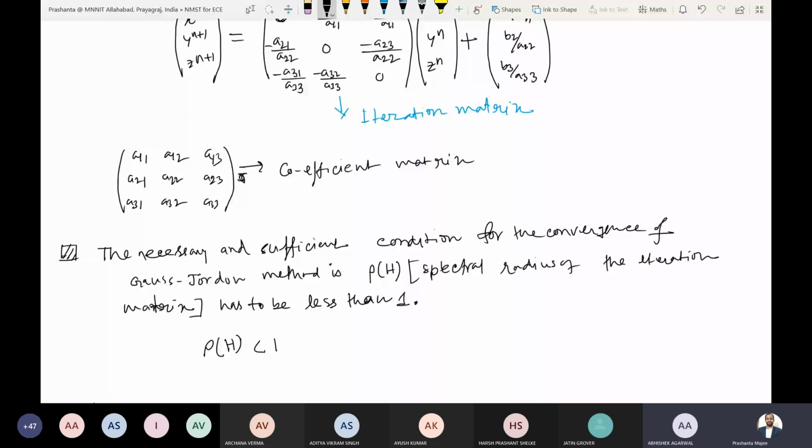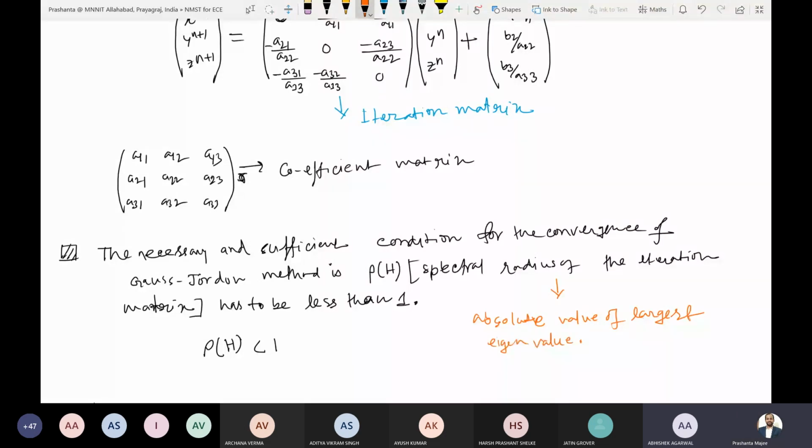Absolute value of the largest eigenvalue. So spectral radius is the absolute value of the largest eigenvalue.